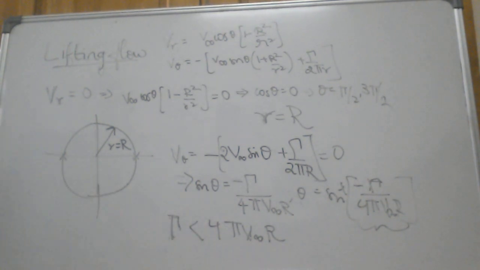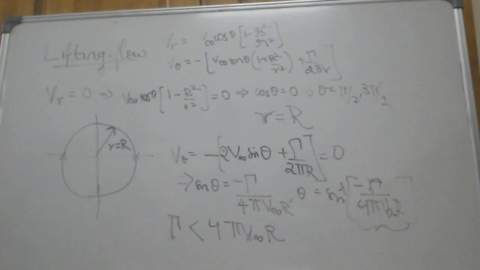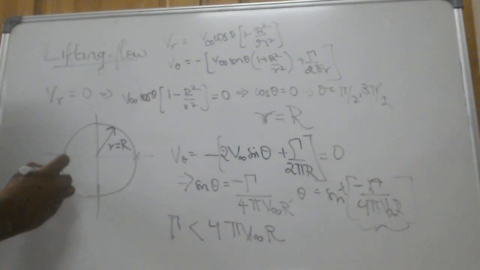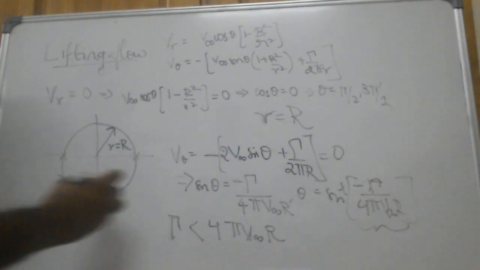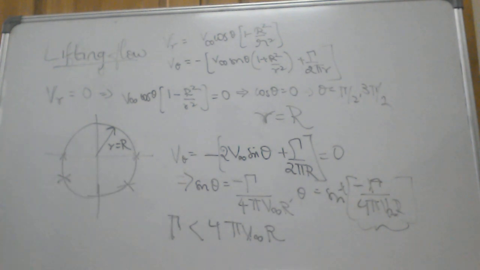Now, if gamma happens to be positive, with all the other quantities being positive, we would get sine inverse of a negative quantity. Sine inverse of a negative quantity can give us two values. One in the third quadrant, which is somewhere here, and the other in the fourth quadrant, which would be somewhere here, right?